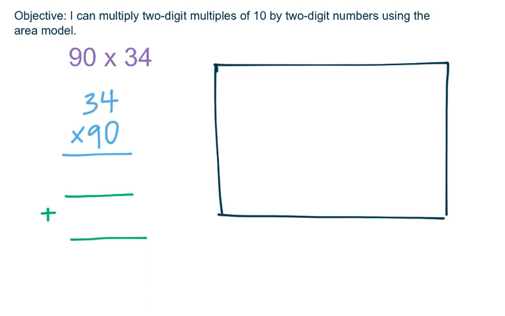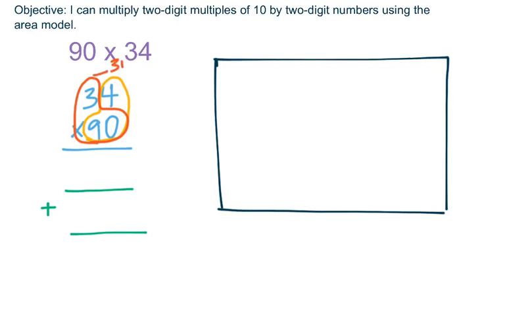So in this case, I want to think about this whole 90 times my 4, and then my whole 90 times my, not just a 3, but a 30. So let's think about the yellow here. 90 times 4. Well, I know 4 times 9 is 36, and I'm multiplying by a 10, so I'm going to have a 0 on the end.